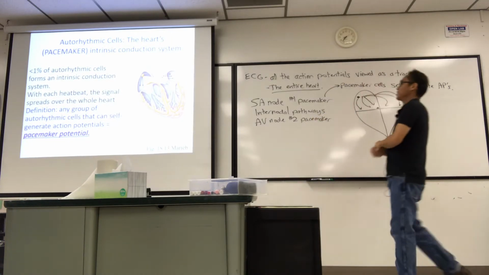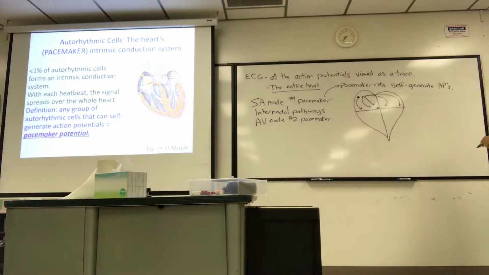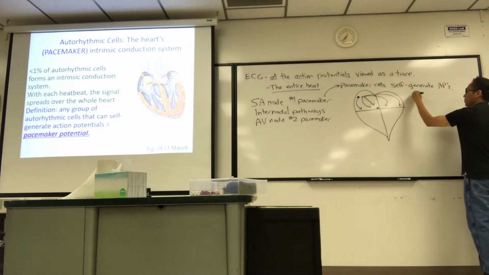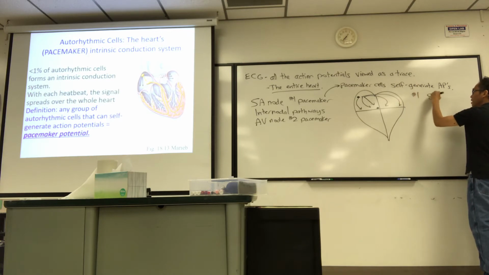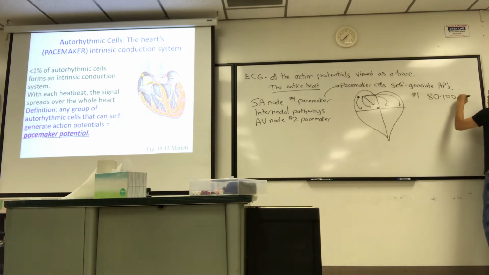It's the number two pacemaker. The ranking of the pacemaker, since I have a 2, it's the second strongest. The strongest pacemaker will command the heartbeat, the heart rhythm. And you always want your number one pacemaker to be the one that's operating the heart. And so that's the sinoatrial node. What you should know about that, I'll write it over here. The number one pacemaker, it could generate 80 to 100 APs per minute.